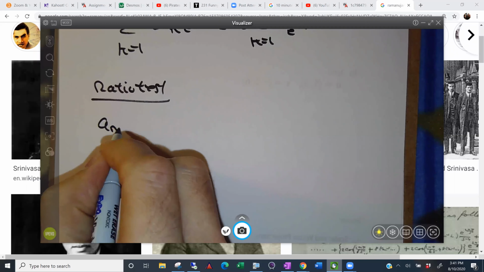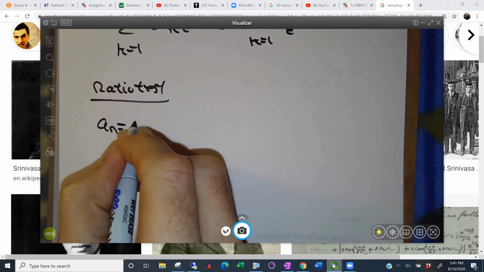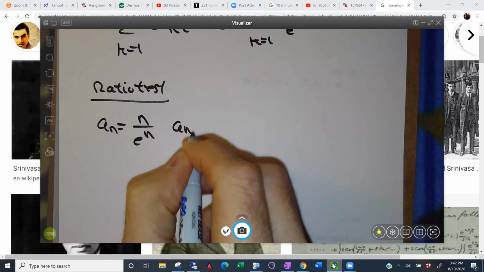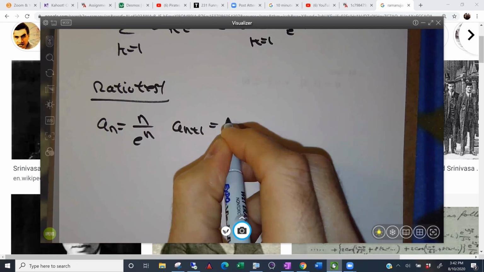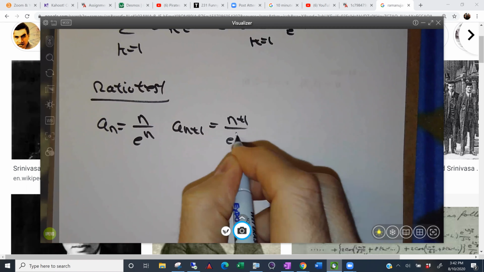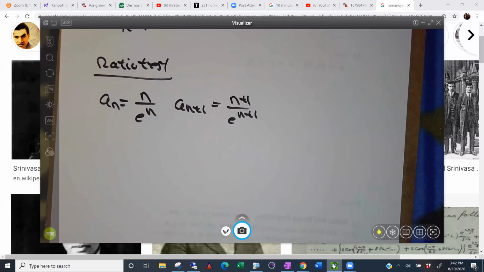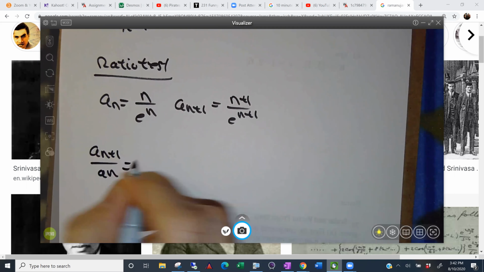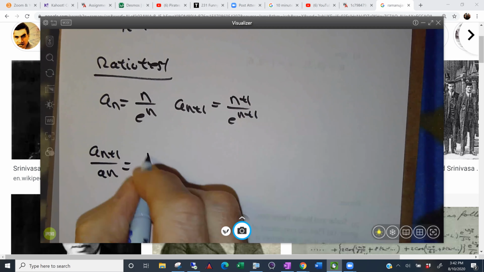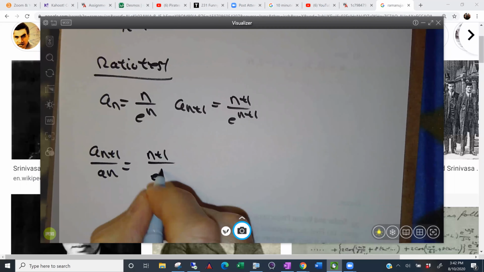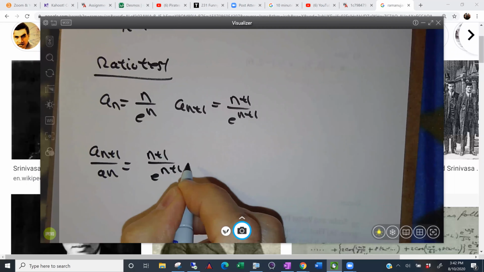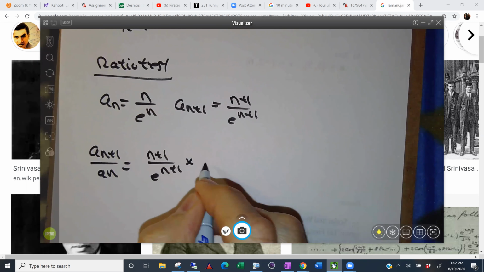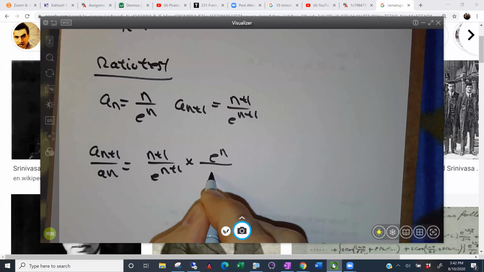So a sub n would equal n over e to the n, and a sub n plus 1 would be n plus 1 over e to the n plus 1. Now let's simplify a sub n plus 1 over a sub n. Dividing by this is like multiplying by the reciprocal, so e to the n.